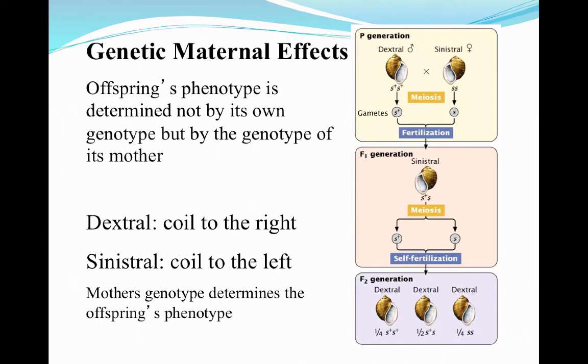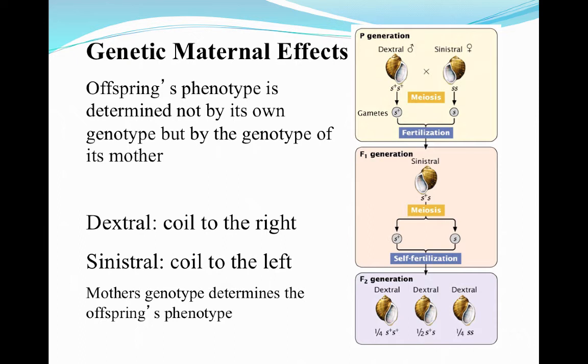Some of the genetic maternal effects that we're going to talk about in chapter 5 really have to do with snail shells, and the genotype of the parent can affect what type of coil that the shell actually has.